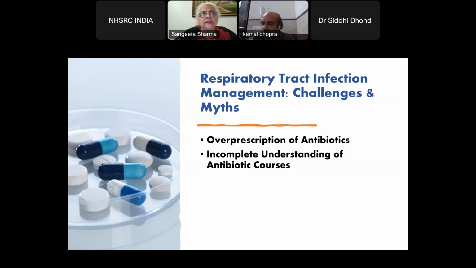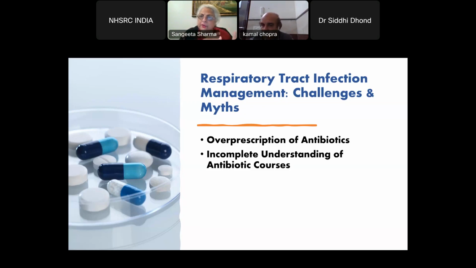We saw this kind of problem in the COVID pandemic also. Although the diagnosis of COVID was confirmed and the patient had only mild to moderate severity, they kept on receiving antibiotics, just in case it was bacterial, or to provide prophylaxis for secondary infection. Then the second major problem: even when these antibiotics are indicated, many of us have different notions about the completion of courses.